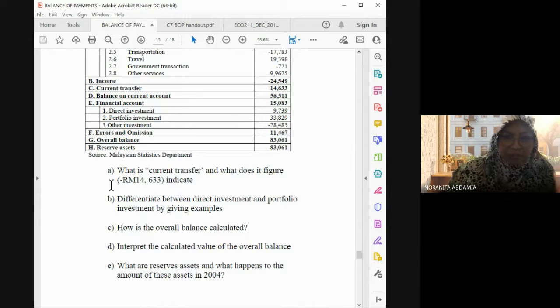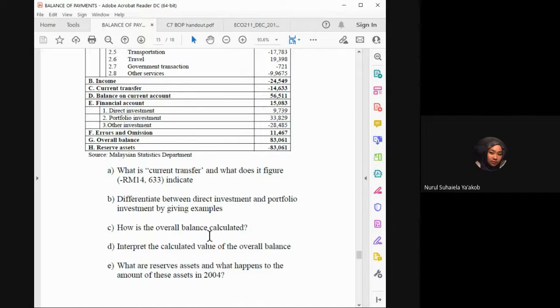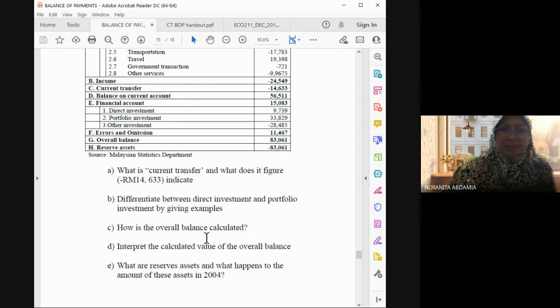So you nampak tak? A, B, C, D, E ni ada tak? Kira-kira soalannya kena kira tak? Ada tak kira-kira? Tak perlu. Langsung tak ada. You just have to understand this BOP and then give that. But so far my experience kan, student ni mungkin dia dah biasa for this type of question.